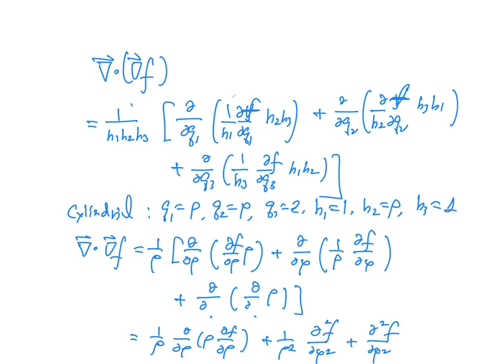This is F1, H1 over F Q1, H2, H3, right? 1 over H1 H2 H3, partial Q1 partial V H2 H3, partial Q1 partial F, plus partial Q2 partial H3 H1 over H2, partial Q2 partial F, plus partial Q3 partial H1 H2 over H3, partial Q3 partial F.